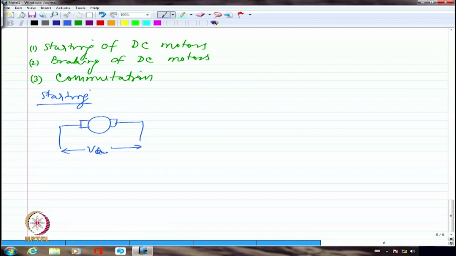This is VA. So if I try to look at what is the current, it will be VA by RA will be the starting current.